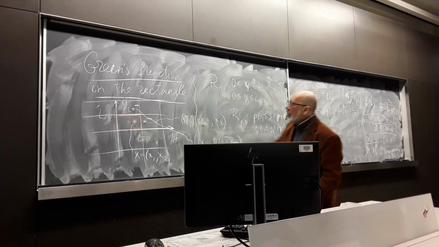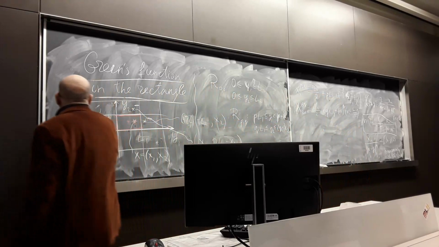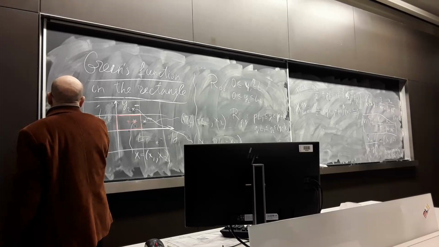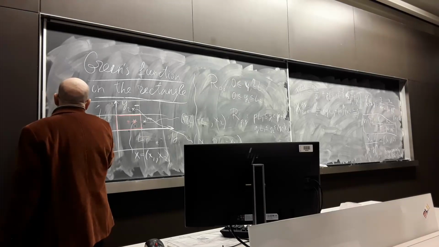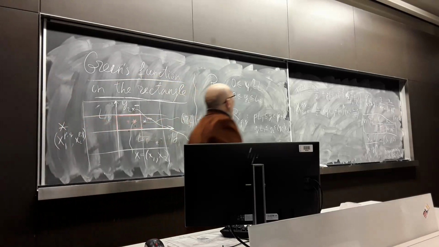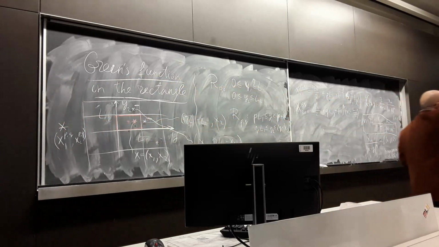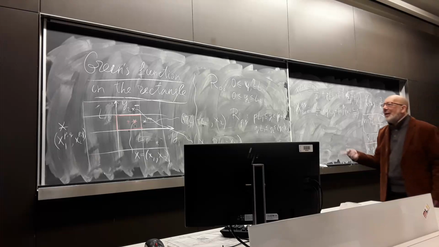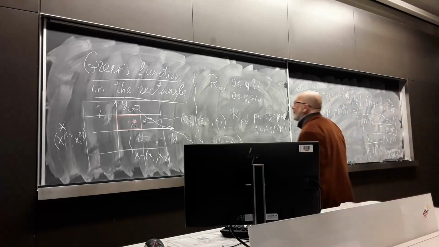So in each of these rectangles, we have this point x1 pq, x2 pq. And now let us put in each of these points the singularity of the fundamental solution with a sign plus or minus, depending on p and q.